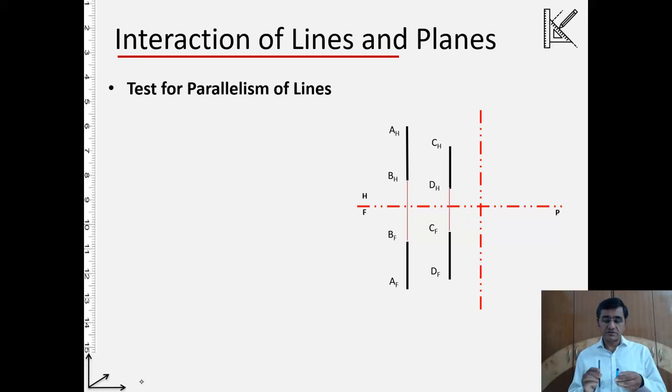Of course the projection of these two onto the frontal and onto the horizontal will be parallel, because this is how the lines are. However, if you see the projection of these two lines on the profile plane, you will find the lines are intersecting.